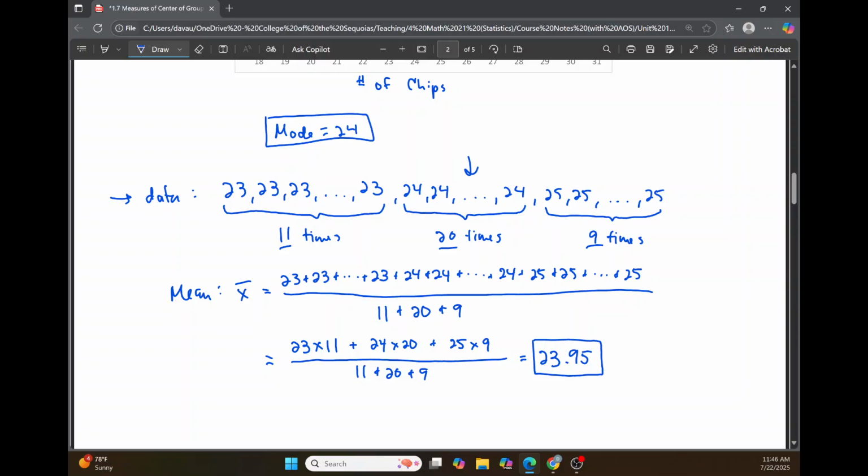The slot right between the 20th and 21st positions would be in this group of 24. So clearly the median is going to be 24. Okay. And so that's how we would compute the mean and the median.